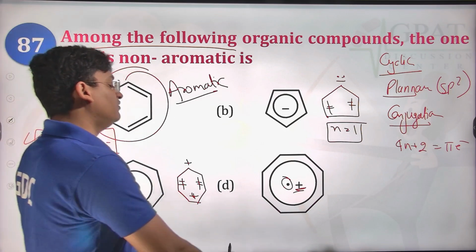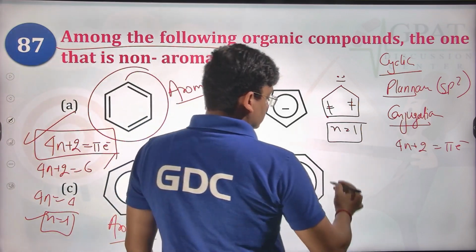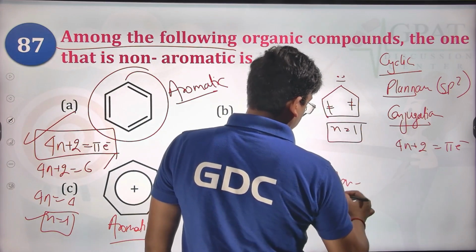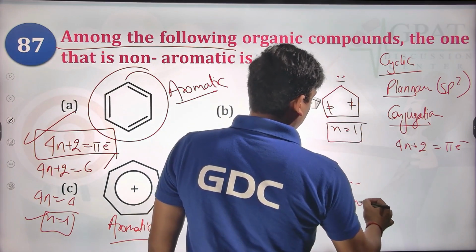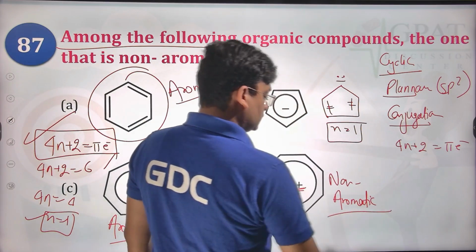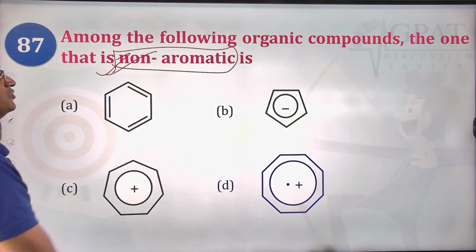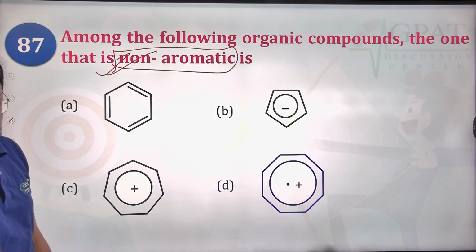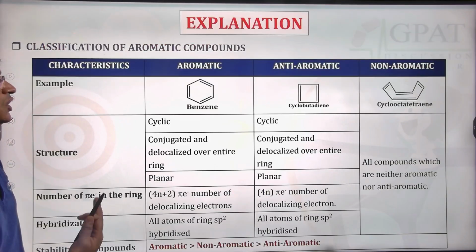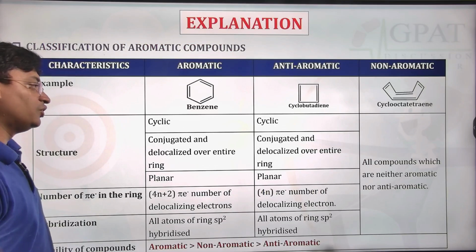So this can never be an aromatic system, and this will be a non-aromatic compound. We asked in the question which of them is non-aromatic, so yes, D will be our non-aromatic system.